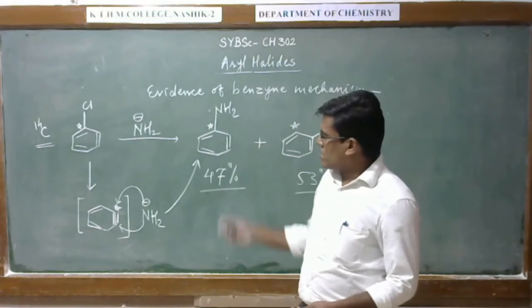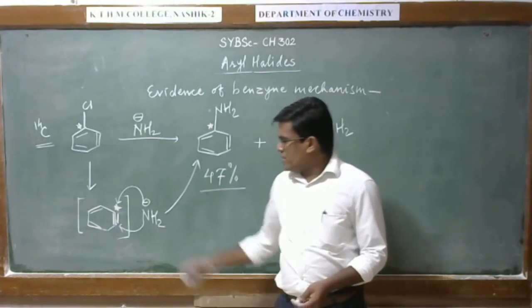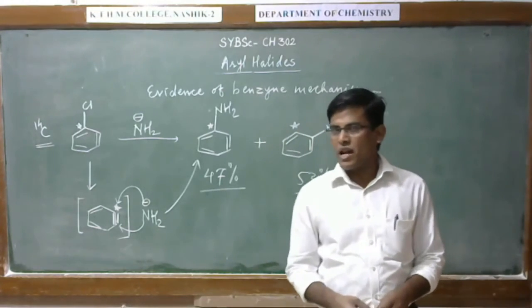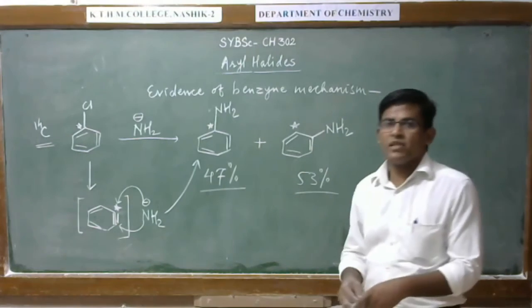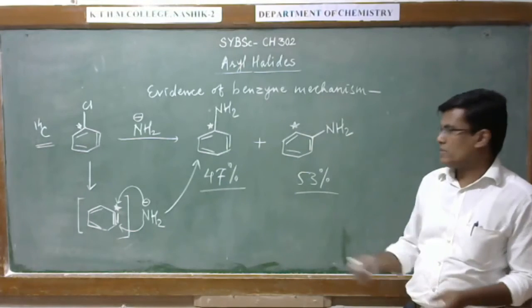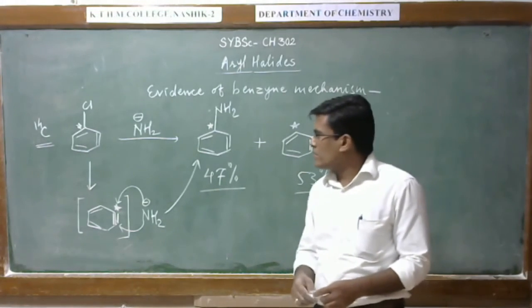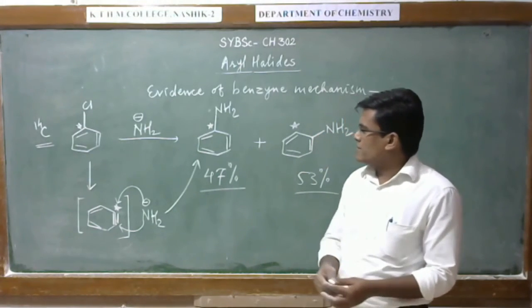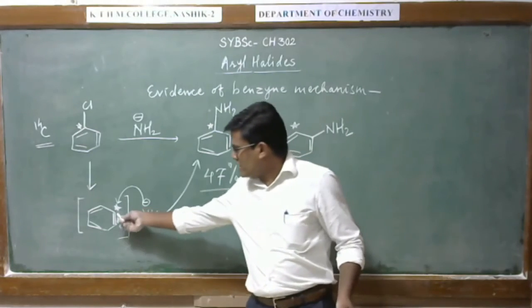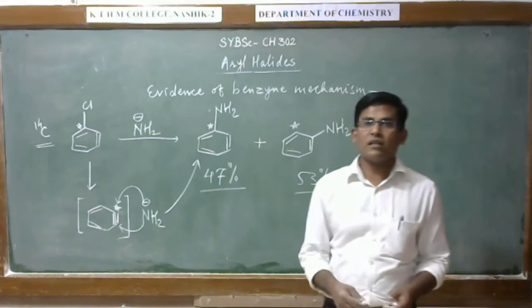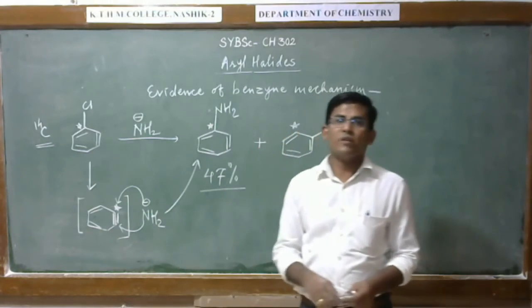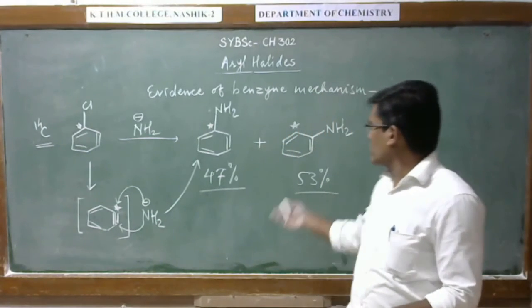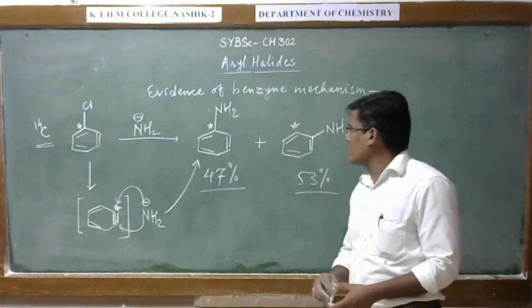So from this experiment, we can say that both the carbons are almost equivalent. This is interpreted by the fact that this labeled carbon and this adjacent carbon are equivalent, and this NH2 ion can randomly react to give this mixture of products.